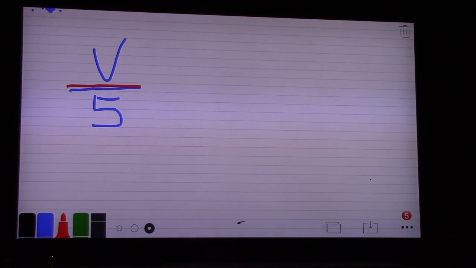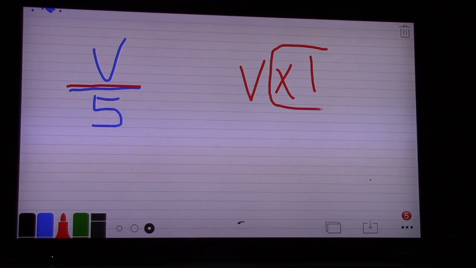And if I wanted to have v be by itself again, this is where it's a little different. My goal is to multiply v times 1. Anything multiplied times 1 is just exactly what the thing is.